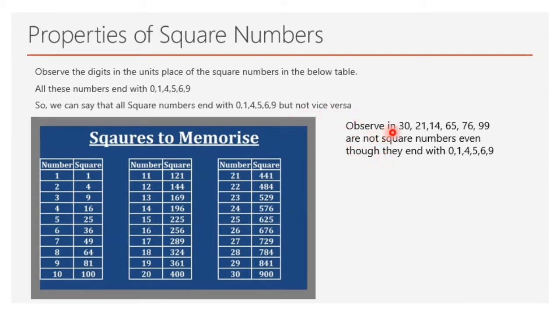Observe that in 30, the units place is 0, but it is not a square number. 21 has 1 in the unit place, but it is not a square number. 14 has 4 in the unit place, but it is not a square number. 65, 76, 99 are not square numbers, even though they end with 0, 1, 4, 5, 6, 9.